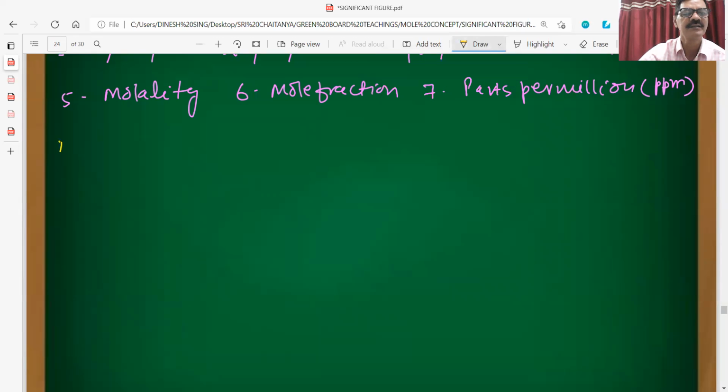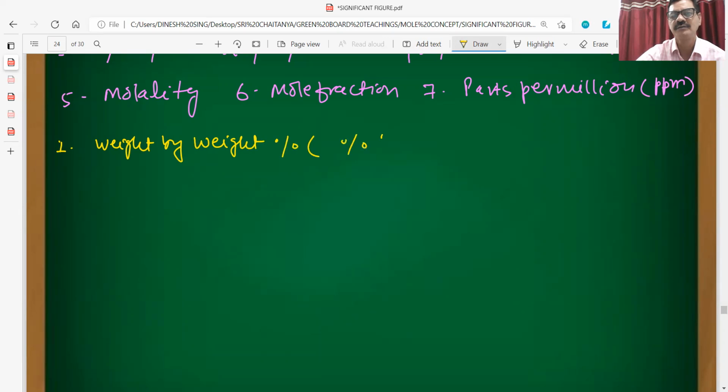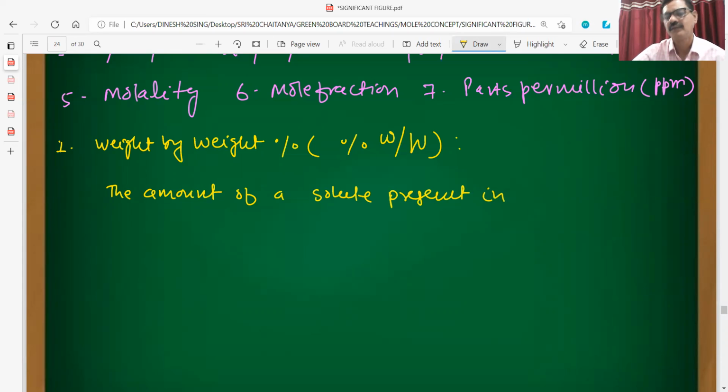The first one is weight by weight percent, or in short, this is small w by capital W. This is defined as the amount of a solute present in 100 gram of solution.